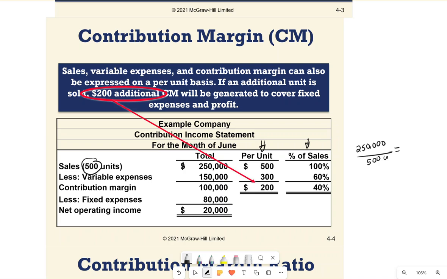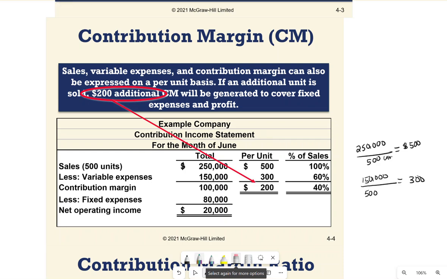The selling price per unit is $500. If my total variable expenses are 150,000, divided by the 500 units, that gives me the per unit variable cost.